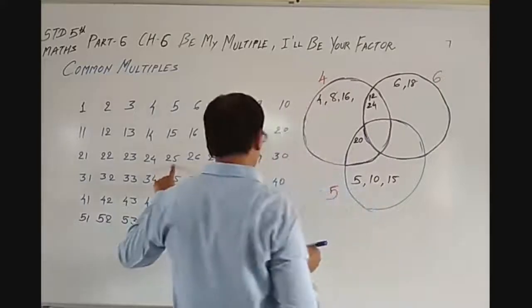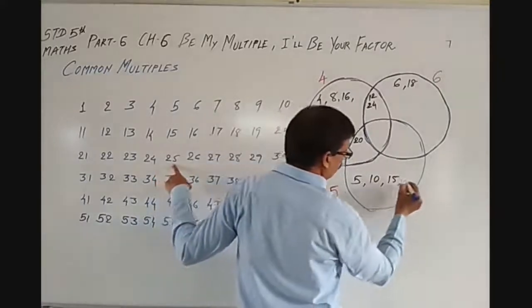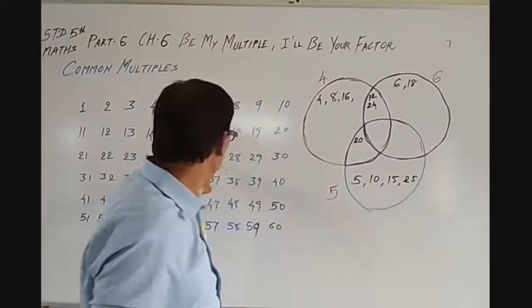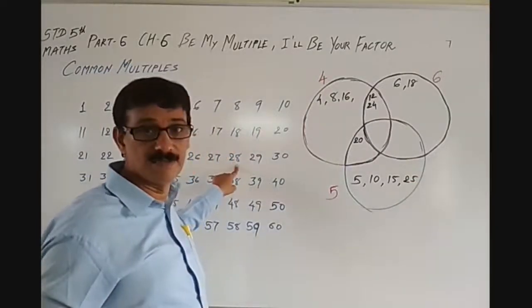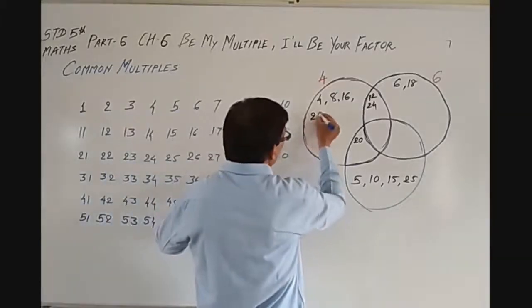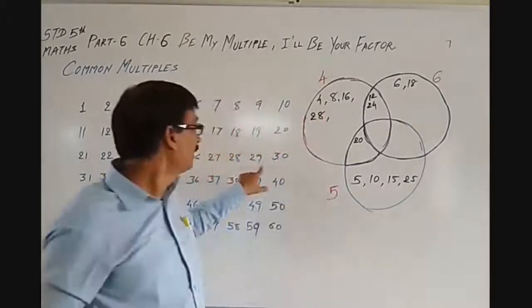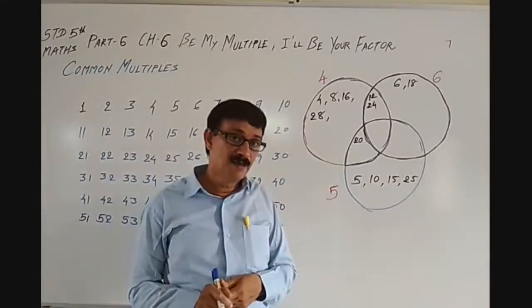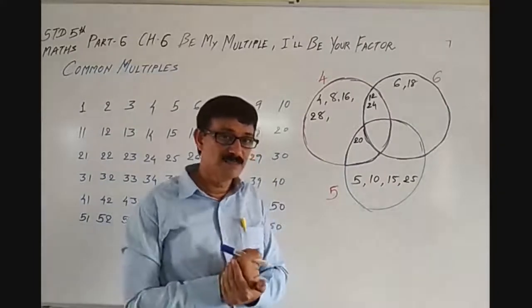Then 25 is a multiple of 5. 26 no, 27 no, 28. 7 4s are 28. So here it should be 28. 29 no, 30. 30 is a multiple of which numbers?